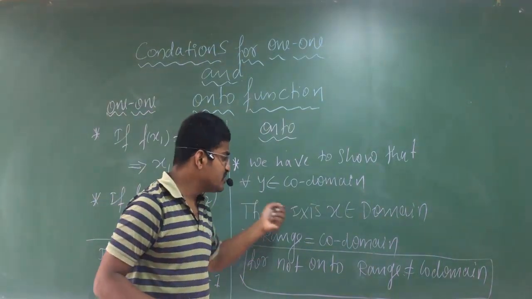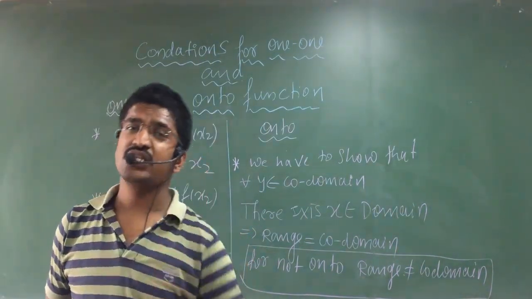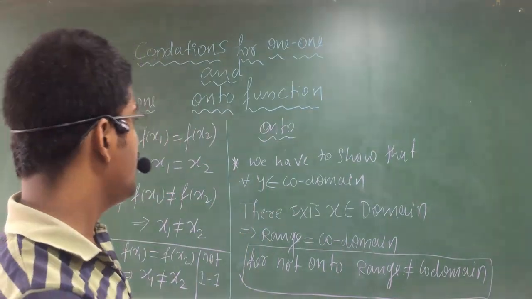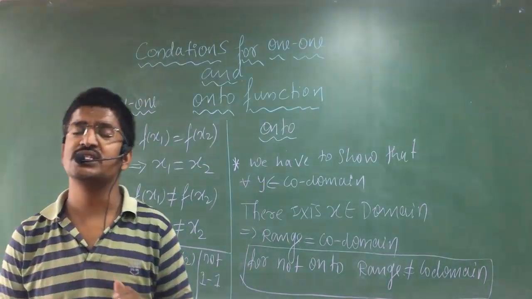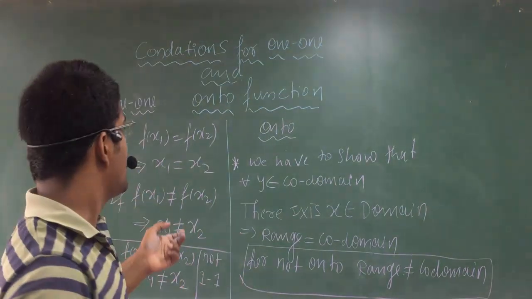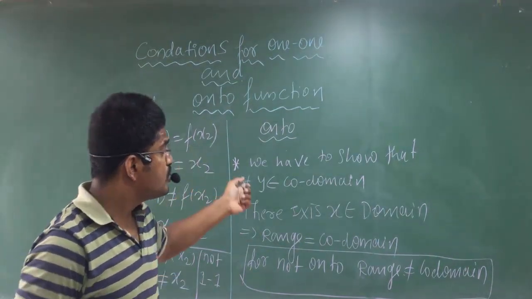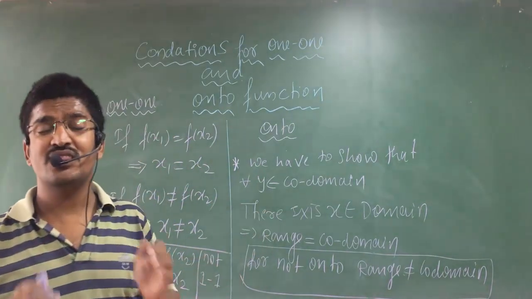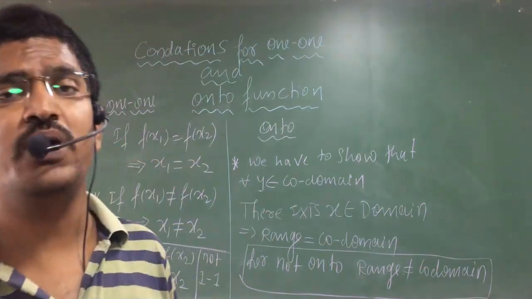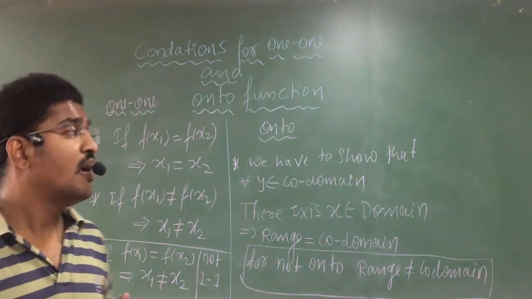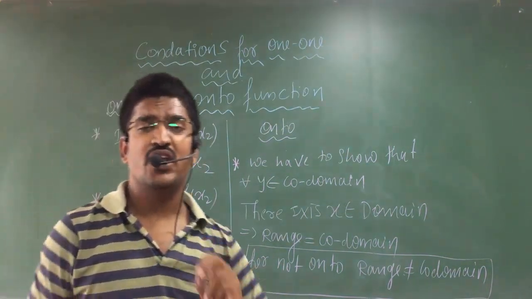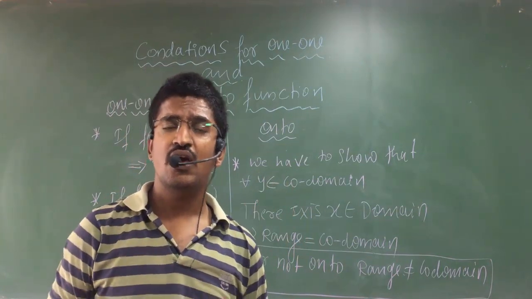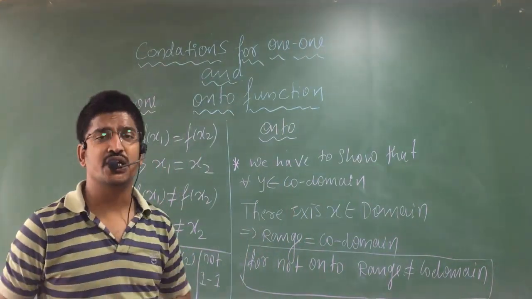If range is equal to codomain, then that function is going to be onto. Okay. So from this we can say these are the conditions to show one-one and not one-one, onto and not onto. With these things you must be perfect. I think now one-one and onto functions are very much clear. So in the next session I will continue with the bijective function.